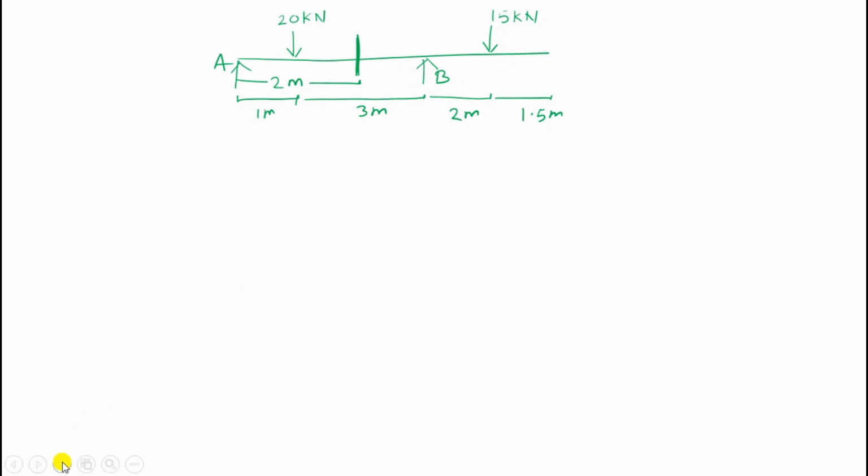So first of all, what we have to do? We have to draw the influence line diagram for shear force.